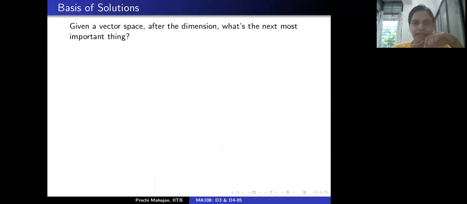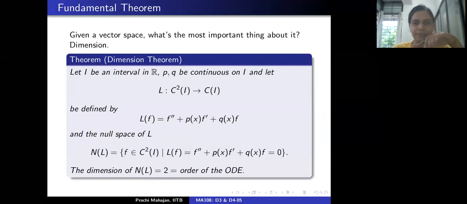We defined a differential operator, right? Associated to a second order linear homogeneous ODE, you define this operator. This is a linear transformation, and there's a null space, and we're talking about the dimension of that. Is that okay?